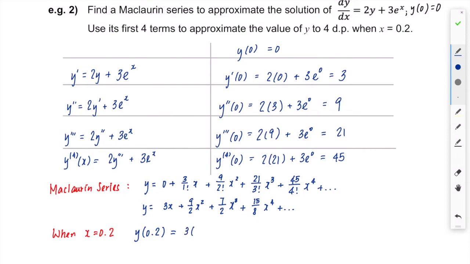So 3 times 0.2 plus 9 over 2 times 0.2 squared plus 7 over 2 times 0.2 cubed plus 15 over 8 times 0.2 to the power 4 plus dot dot dot, and this works out to approximately 0.8110, just like that.